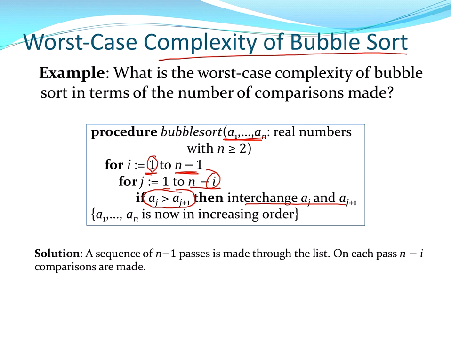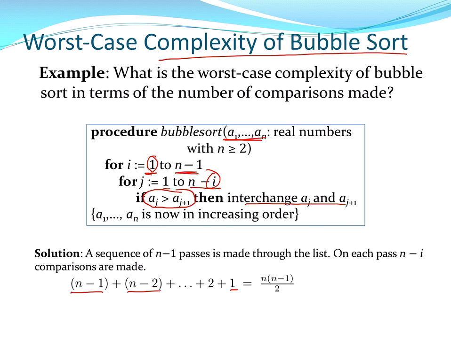All right, so that tells us right there that we're going to have n minus 1 executions, plus n minus 2 executions, and it will look something like this. n minus 1 for i equal 1, n minus 2 for i equal 2, and eventually 1. So that's how many times the comparison a sub j greater than a sub j plus 1 will be executed.